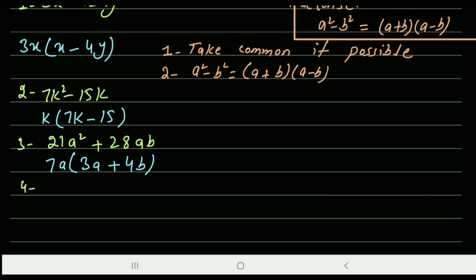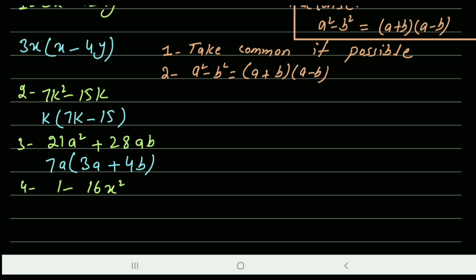If your question is 1 minus 16x square, as you can see there is nothing common in this question. So what we will do, we will go on to the second step. Second step is that we have to check whether we can use the a square minus b square identity. So how do we use that identity?